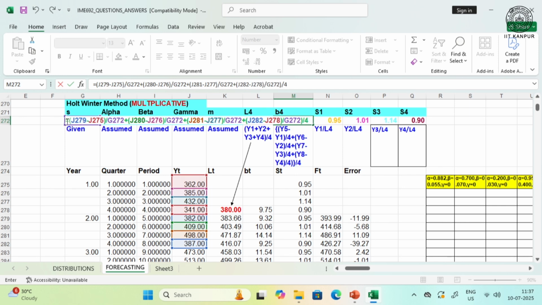So, you have 4 terms. The first one is y5 minus y1 divided by 4. The second term is y6 minus y2 divided by 4. 4 is basically S, the smallest value. The next value is y7 minus y3 divided by 4, and the last value is y8 minus y4 divided by 4.